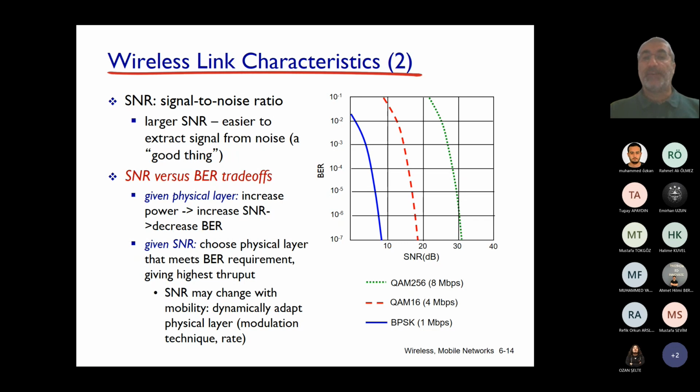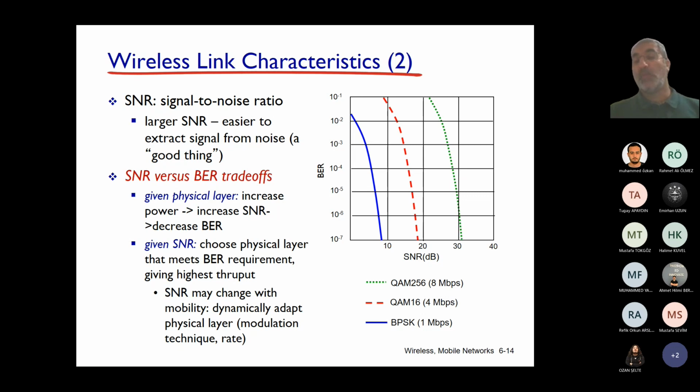So this is a figure for the SNR versus the bit error rate trade-offs. As you see, depending on the modulation that we use, if you want to have around 1 megabit per second, you can utilize a low order modulation such as BPSK. If you want to increase the data rate, you can use a higher order modulation such as QAM16.